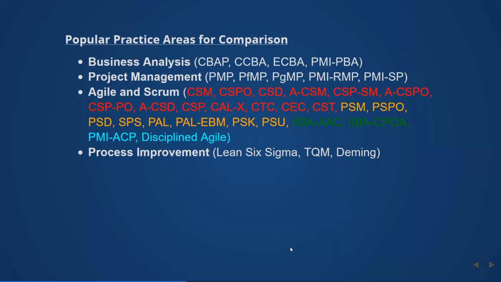For process improvement, there are several different areas within that discipline. Some of those you can get certifications in from different institutions. The ASQ is mostly the big one for that.